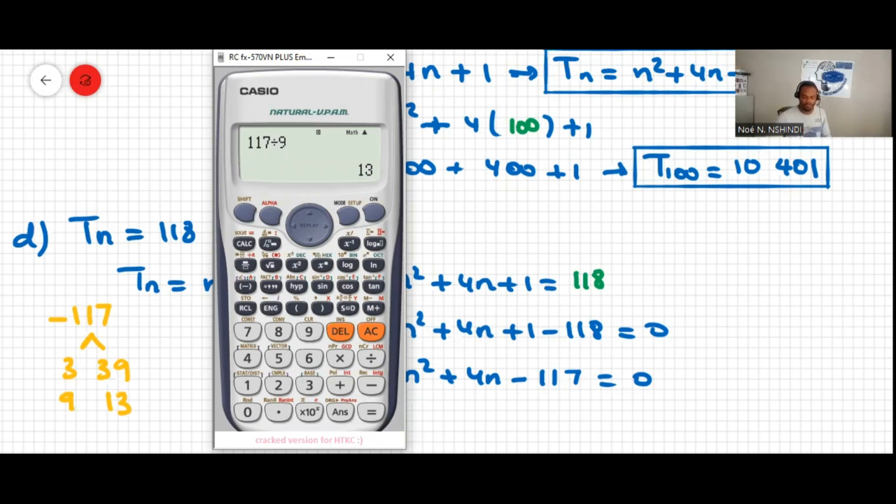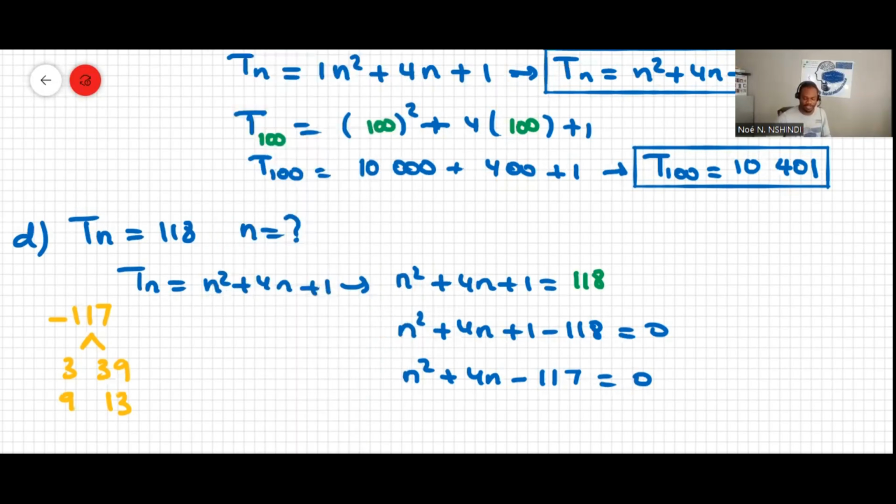So we can then write n in one bracket and n in another bracket, equal to 0. Then let's see which couple will make a sum equal to the coefficient of the middle term. If you still struggle with factorization, we have a whole playlist on factorization. You can go there, revise, and then see how to solve by factorization.